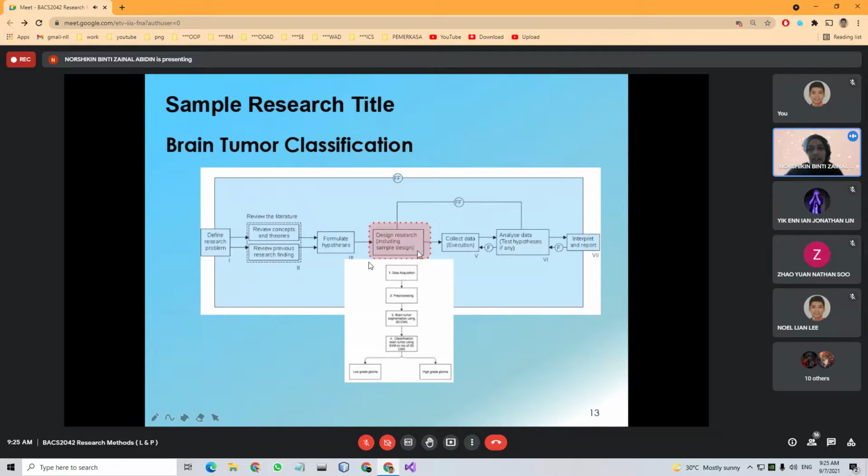They will design how they will conduct their research, and then do the data collection. Maybe from their research they will do some experiment, I'm not sure for this case. They evaluate the data, and then they interpret and write the report.